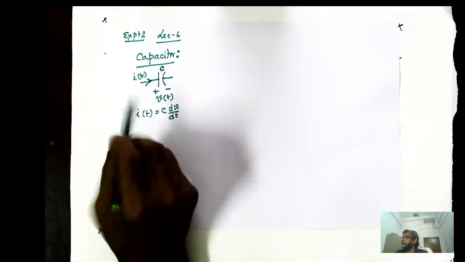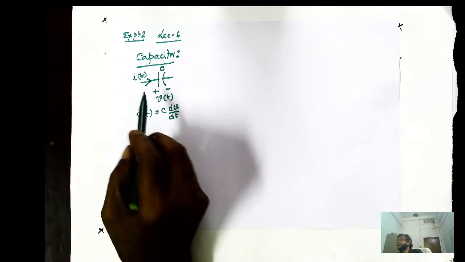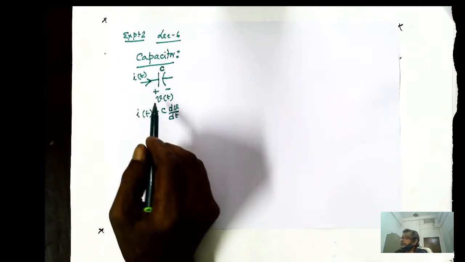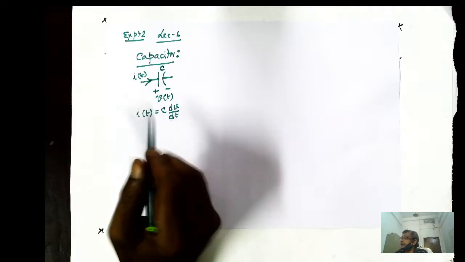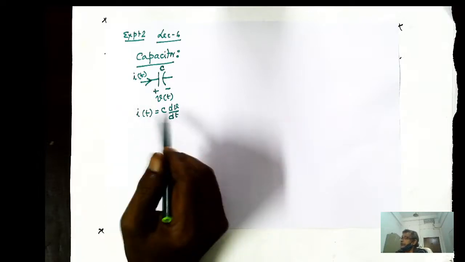With the directions assumed in this way, this is how current and voltage across the capacitor are related.